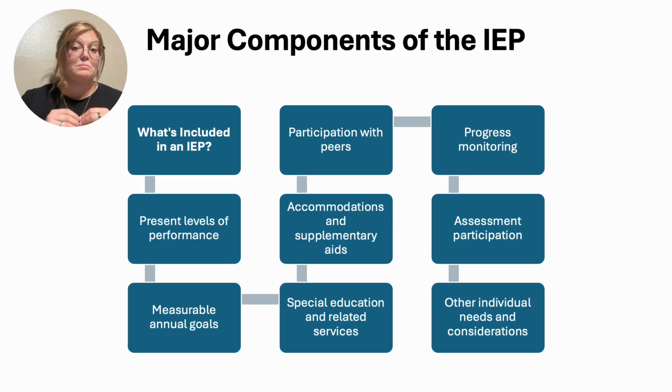The IEP explains how the child will participate with non-disabled peers and how progress towards goals will be measured and reported. It also addresses participation in state or district assessments when applicable and other special factors relevant to the individual child. For young children, the IEP should really focus on meaningful participation in developmentally appropriate activities and educational environments.